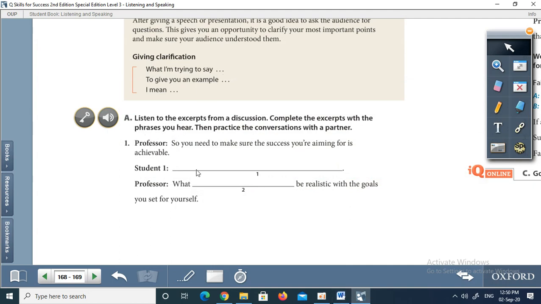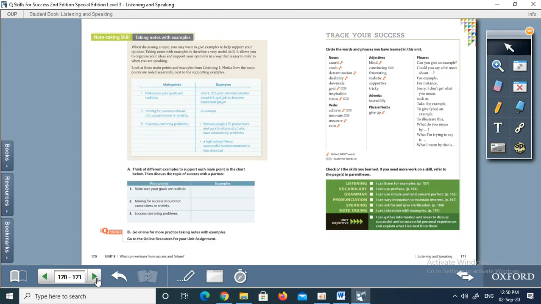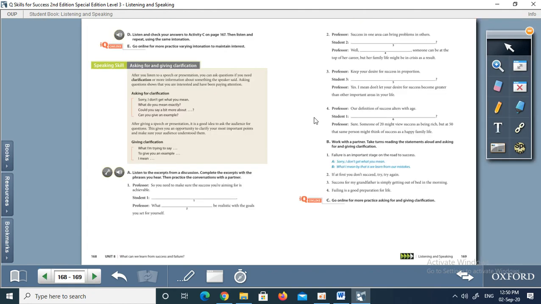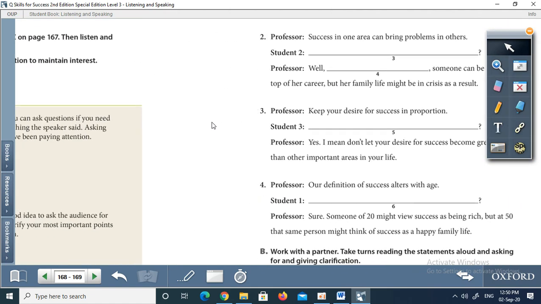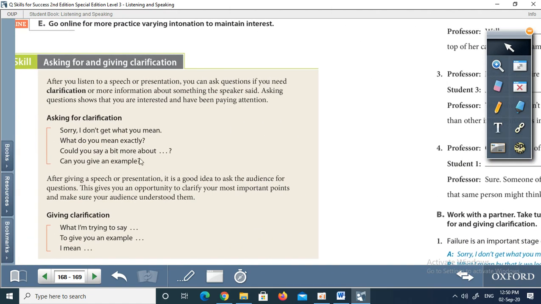And the missing phrases, which will be on page 168, and also on page 169, are all coming from this list over here. These 4 phrases to ask for clarification and those for giving clarification.